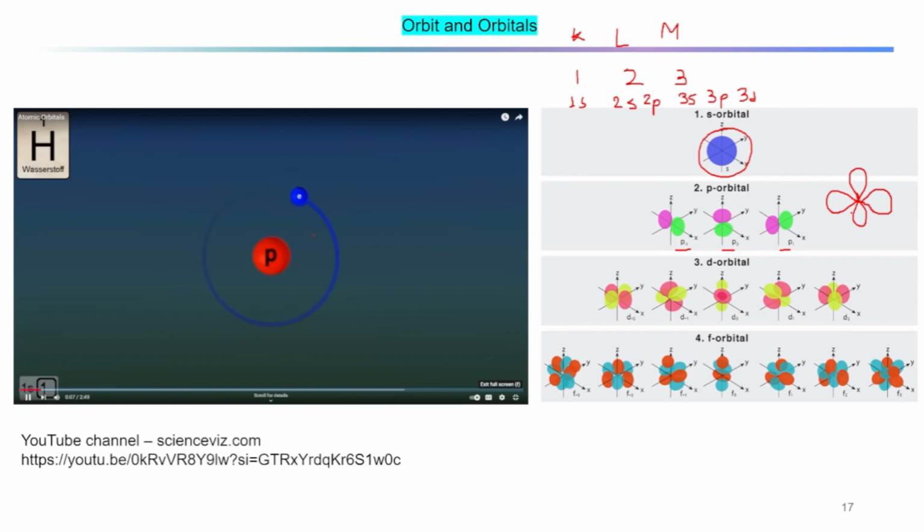If there is only one dumbbell, that is a p orbital, and in the case of the d orbital there are two dumbbells. As I have drawn this shape, this looks like the d orbital.